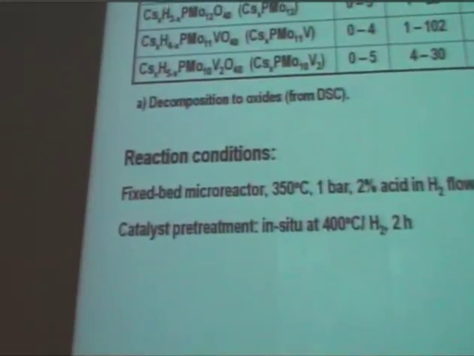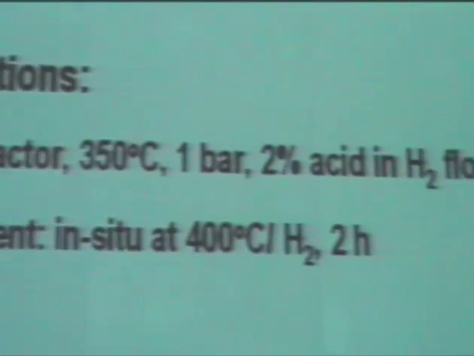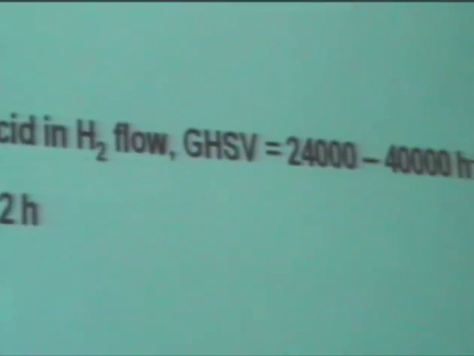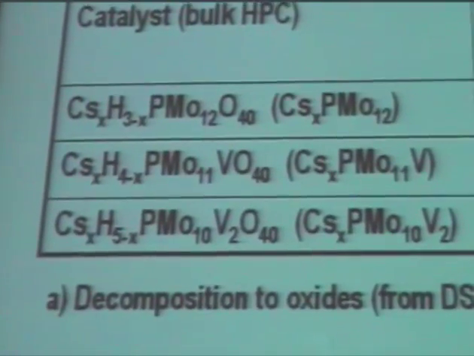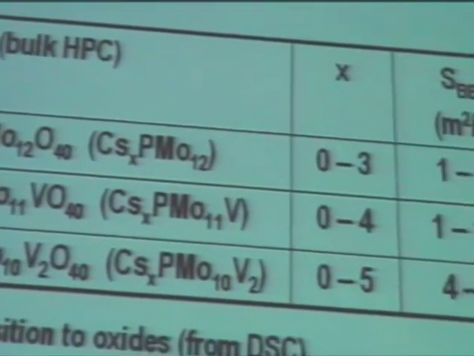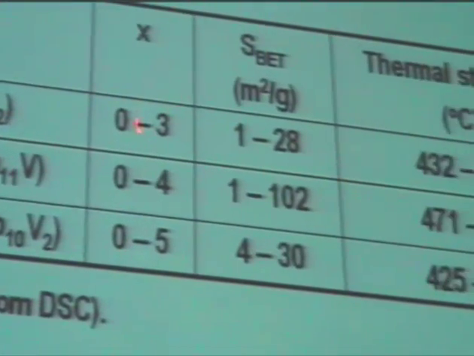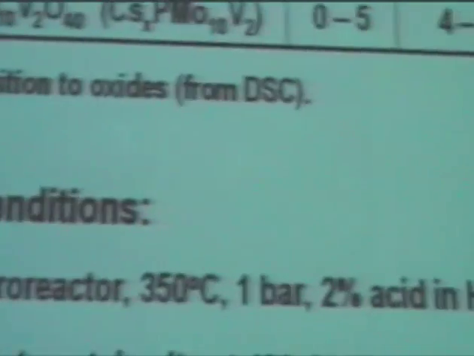Here you can see our catalysts and research conditions. We studied three groups of catalysts, all bulk Keggin heteropoly compounds, based on molybdophosphoric acid and its mono and divanadium substituted derivatives. The cesium content varied from 0 to neutral salts, to control catalyst acidity.